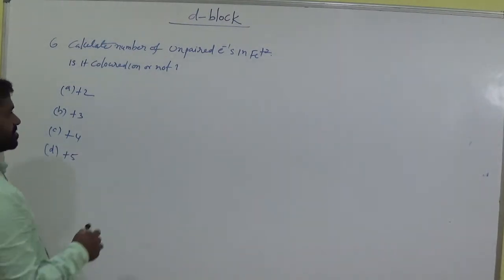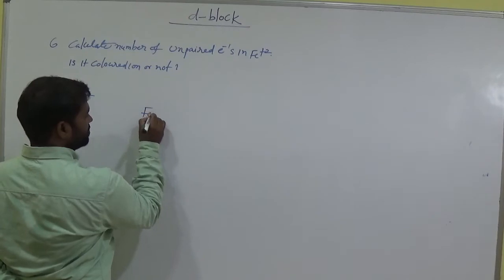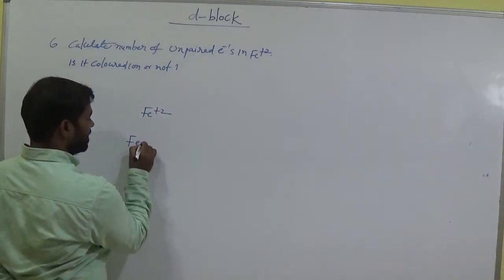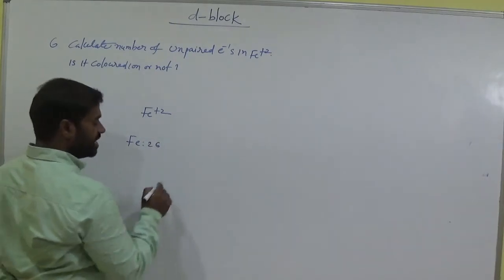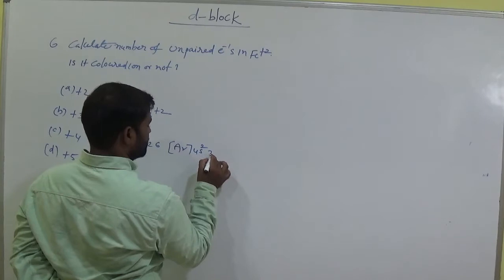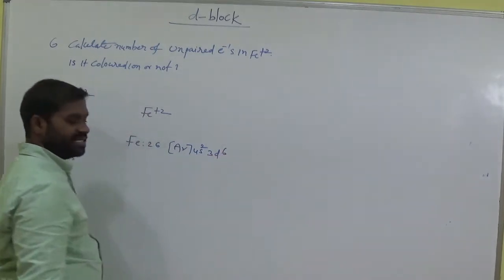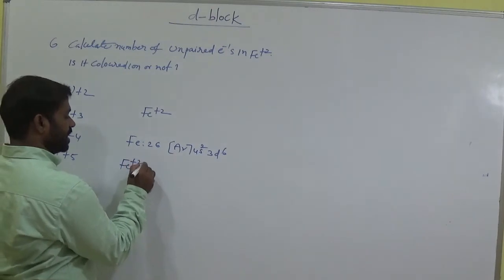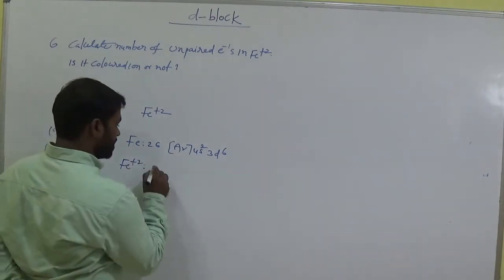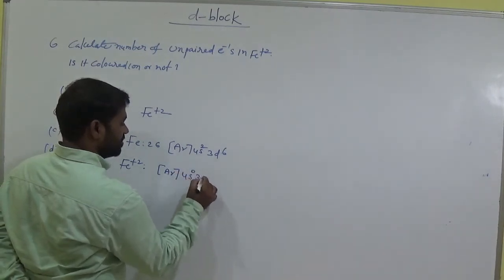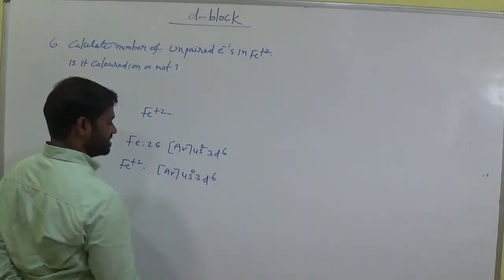So the given ion is Fe+2, am I right? What is the atomic number of iron? 26, and its electronic configuration is argon 4s2 3d6. 18 plus 2 is 20, plus 6 is 26. Fe+2 means we remove 2 electrons from iron, so now it is argon 4s0 3d6.